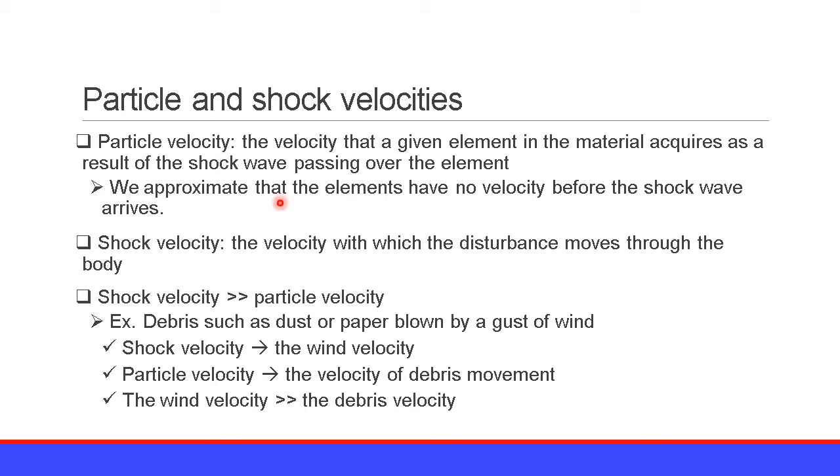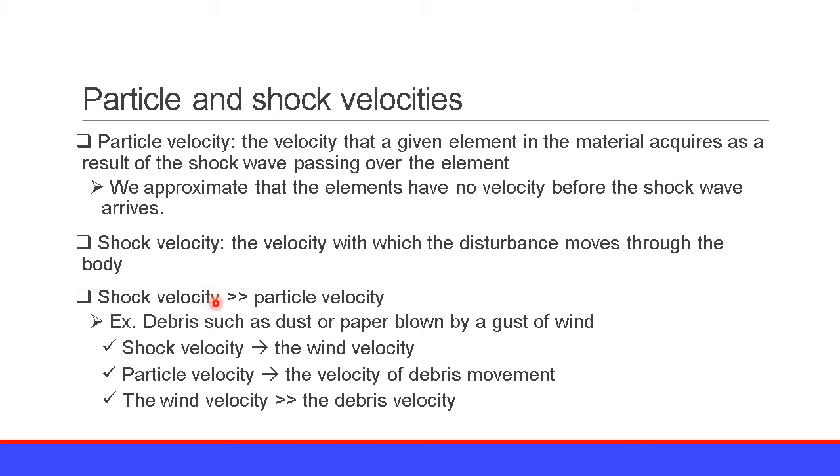Here, let us clarify the terms particle velocity and shock velocity. The particle velocity is the velocity that a given element in the body acquires as a result of the shock wave passing over the element. And shock velocity is the velocity with which the disturbance moves through the body. So let us consider an example.